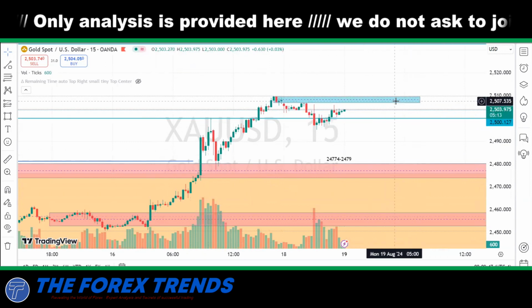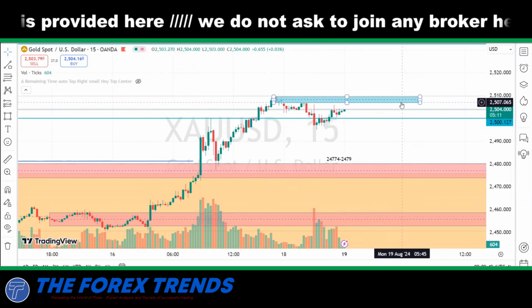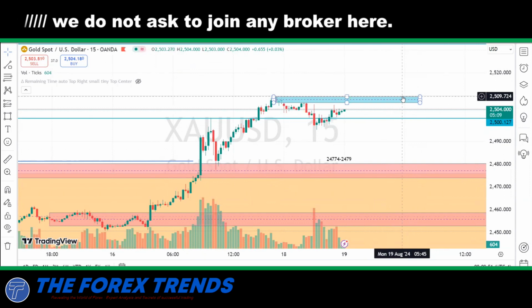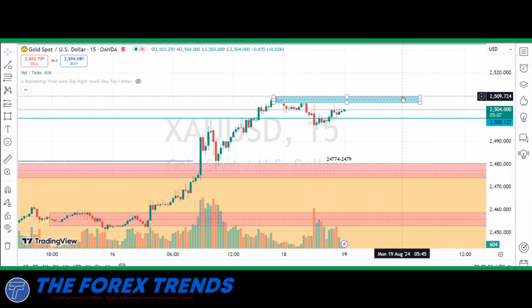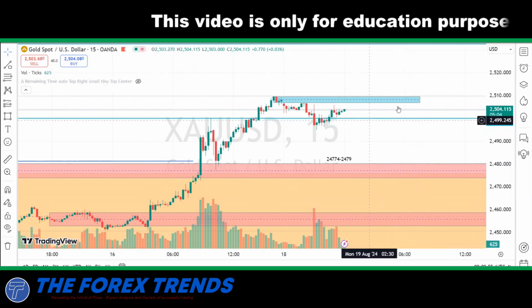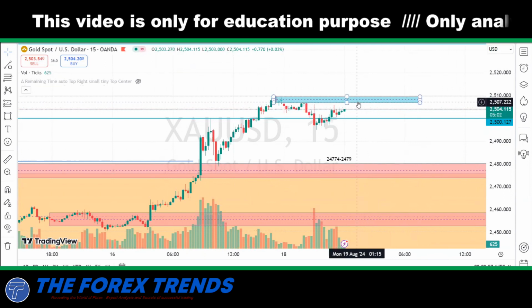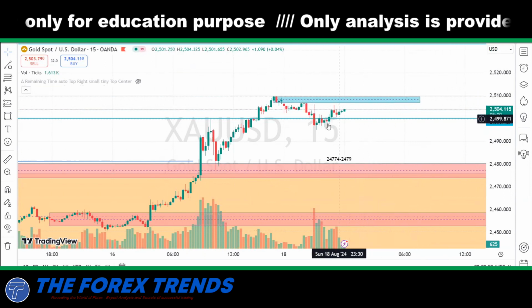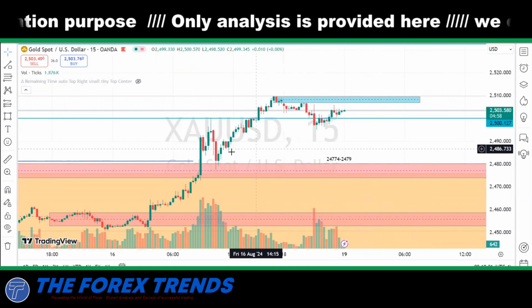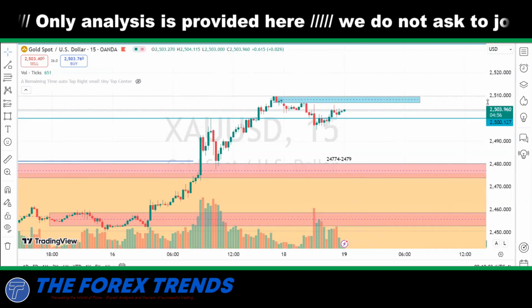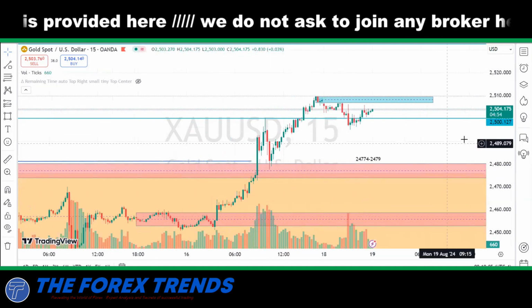So if you get the price at this zone, 2507 to 2510 level, after getting some evidence of rejection from this level, you may initiate a sell from here.